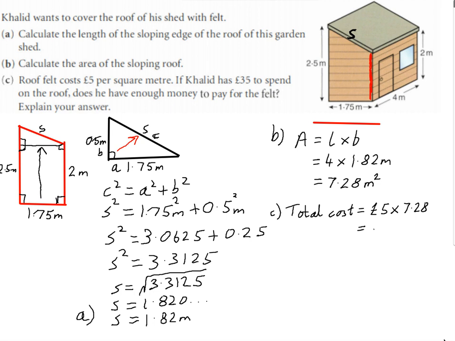And that comes out at £36.40. So that has got a value for the cost of the felt for the roof.